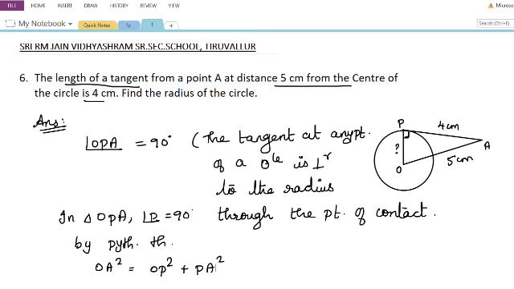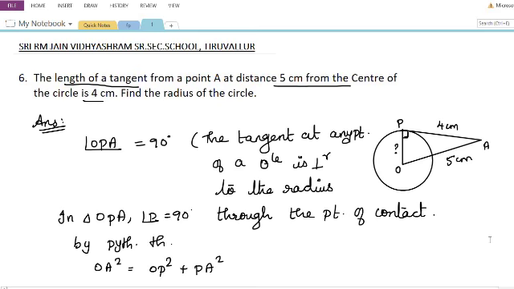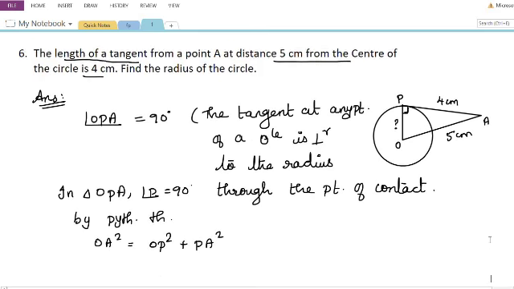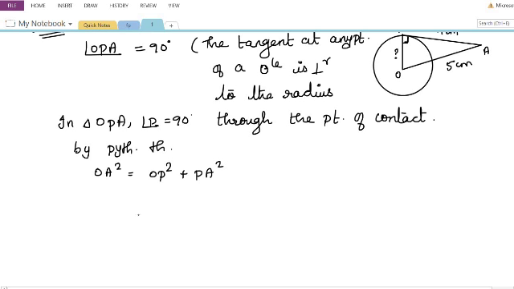OA is 5 centimeters, right? Just substitute 5 instead of OA. 5 square equals, we are going to find the radius, so OP square as such, and PA square, which is given as 4, so 4 square. 5 square is 25. 4 square is 16, right? So OP square plus 16.